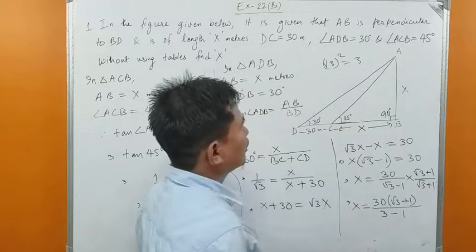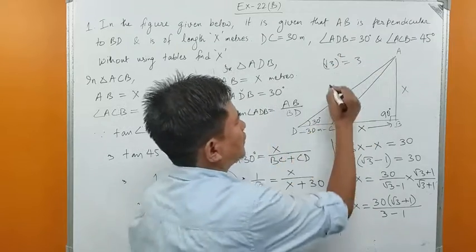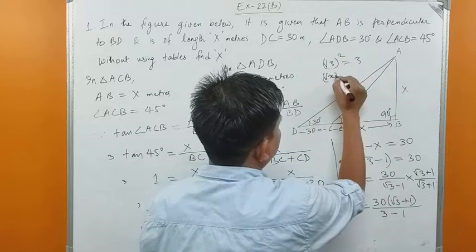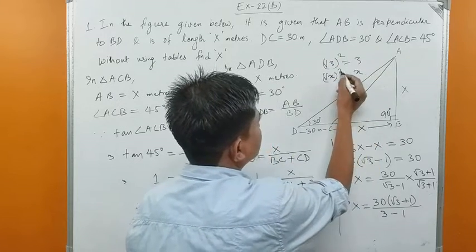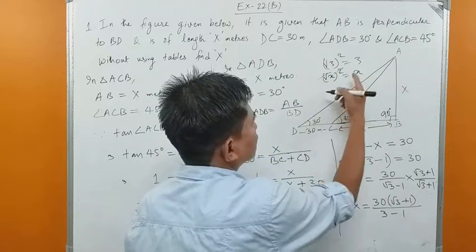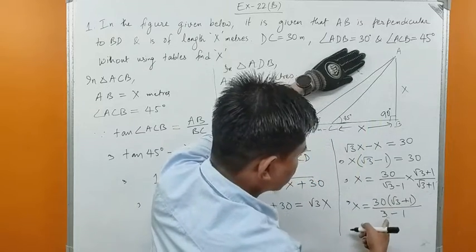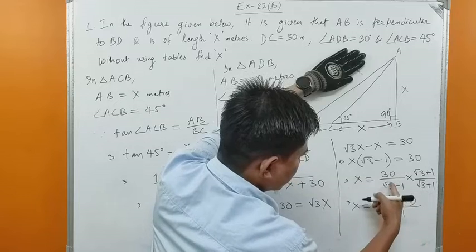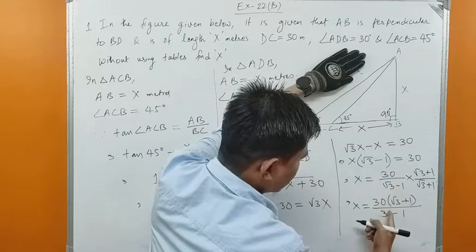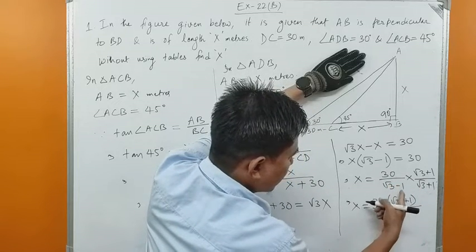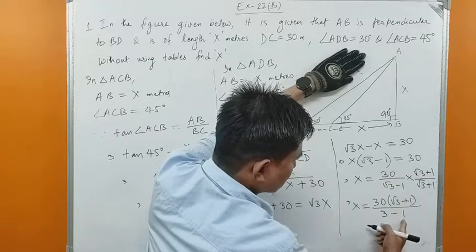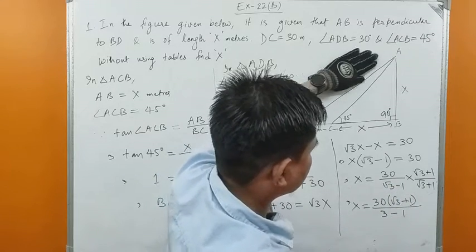Root x square is x. When we square, the square and the root cancel out, only the number remains, okay? So root 3 square is 3, minus b square means 1 square is 1. I hope you got this.